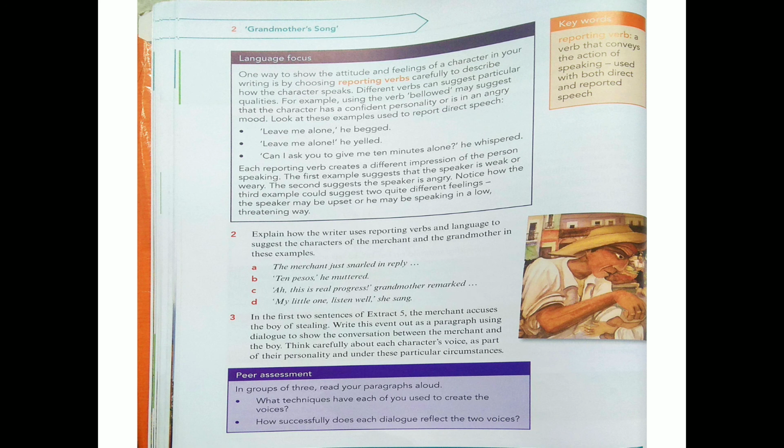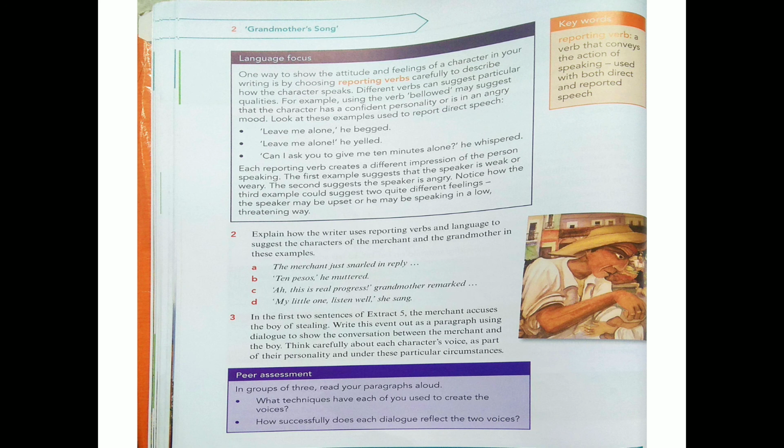And it can also show his character, because think of the situation in which he is speaking like that and to whom he is speaking like that. "10 pesos," he muttered. When you mutter, you're speaking below your breath. So, at that time, the merchant, how is he feeling? Because this little girl is coming to speak out for this helpless little boy.